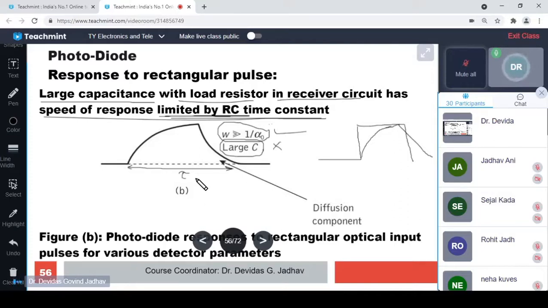Internet speed is data speed. So data speed reduces, and this is not favorable.